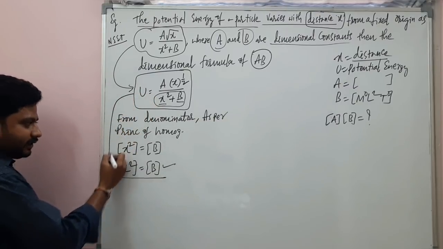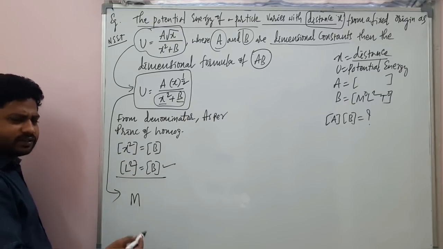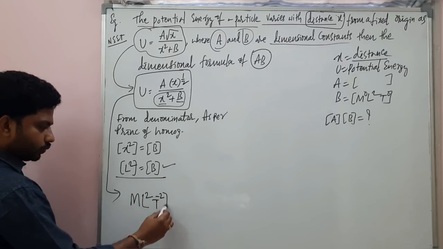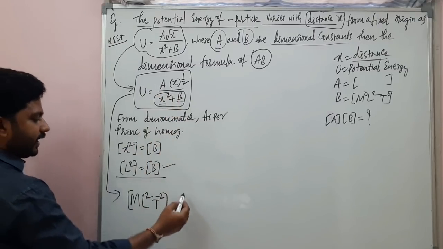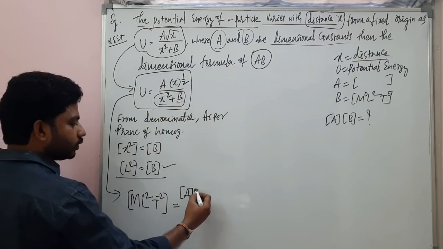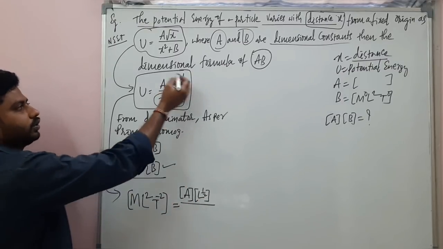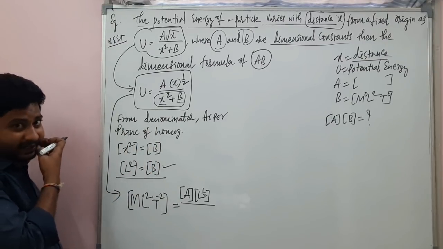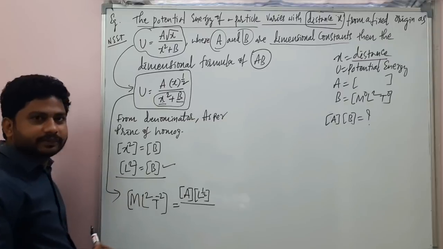This equation I am considering now. The dimensions of U, the energy, potential energy, whatever may be the energy, are M L square T minus 2, which is equal to A, whose dimensions we don't know, that is our aim, times X, whose dimensions we know, that is L to the power 1 by 2, divided by, and here comes an important part, carefully see, the sum of these two quantities.